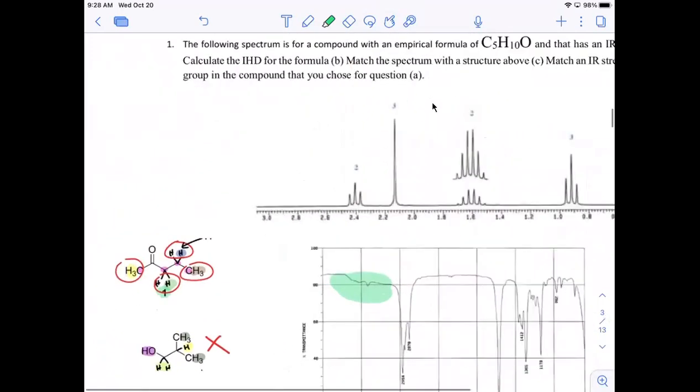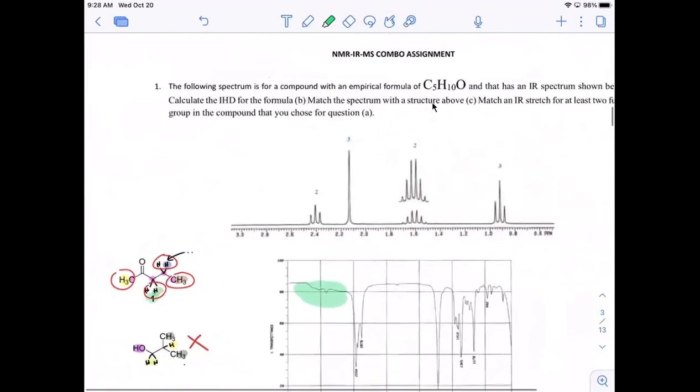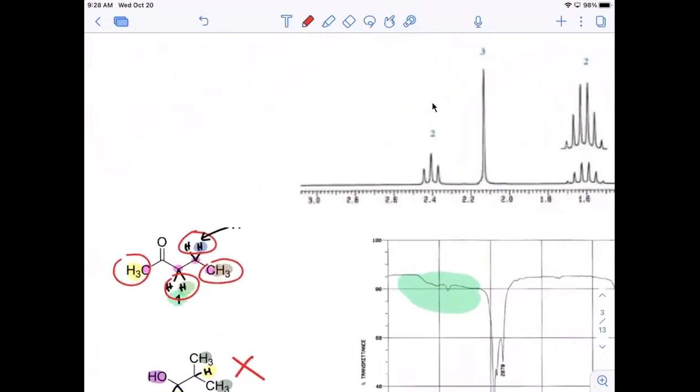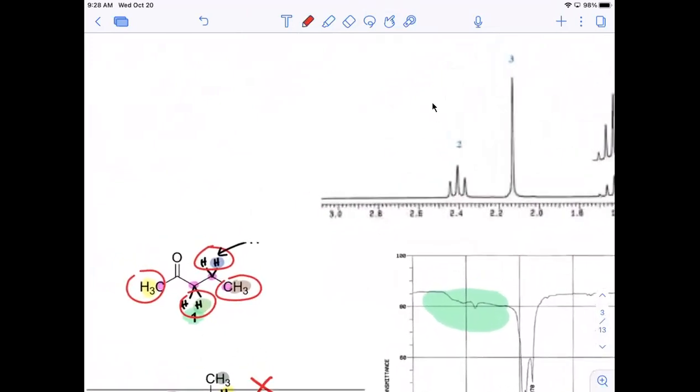So now what we need to do now is start assigning signals to protons. I'm gonna redraw that because it looks kind of messy. Right, so we can start assigning this.